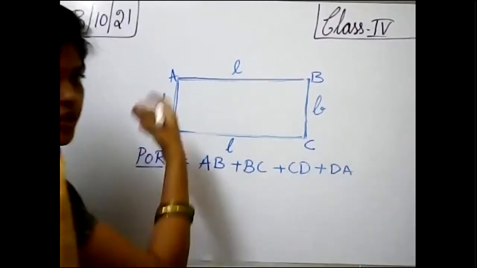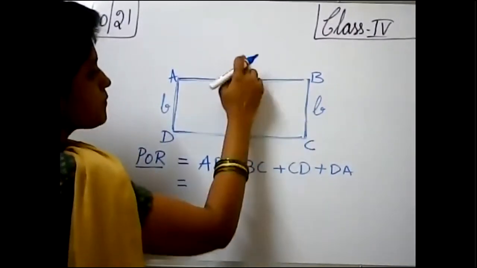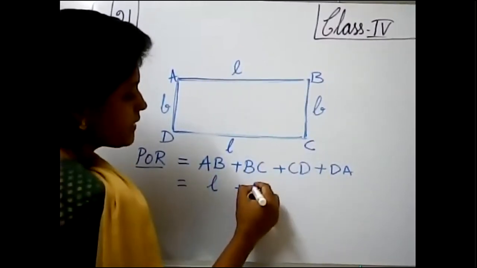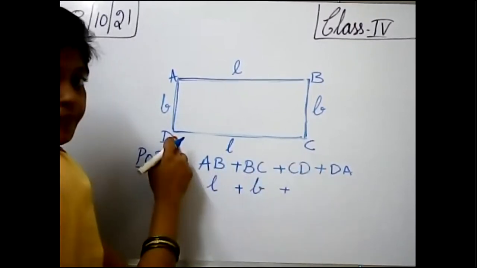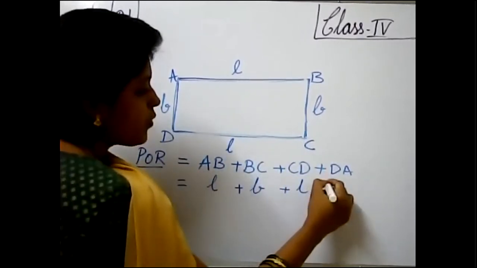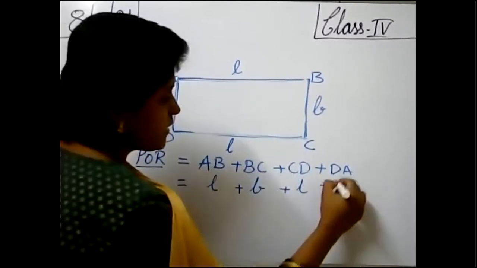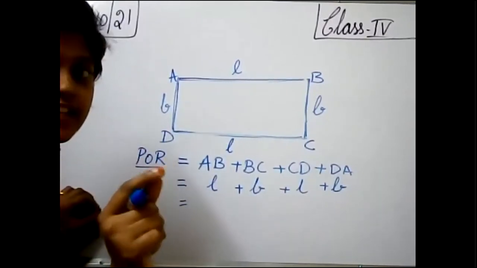So what is AB? Length, L. What is BC, children? Breadth. What is CD? Length. What is DA, or AD? Breadth.